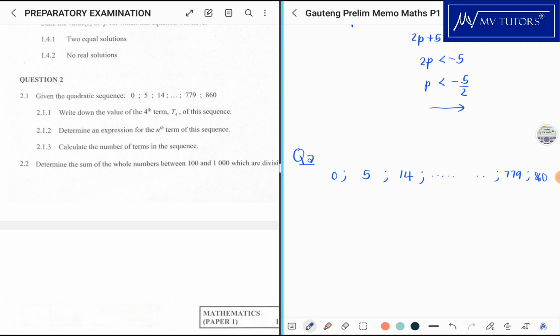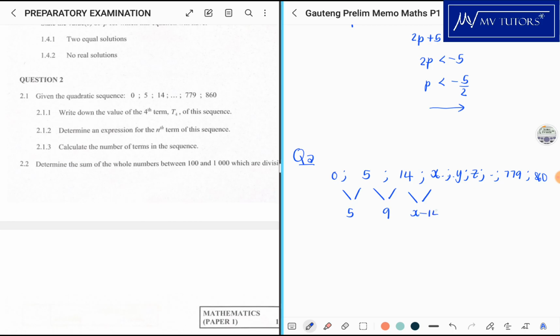They told us it's a quadratic sequence. Here we have 9. Let's say the next term is x, then y, then z. I just need at least 4 terms so that I can see the trend.